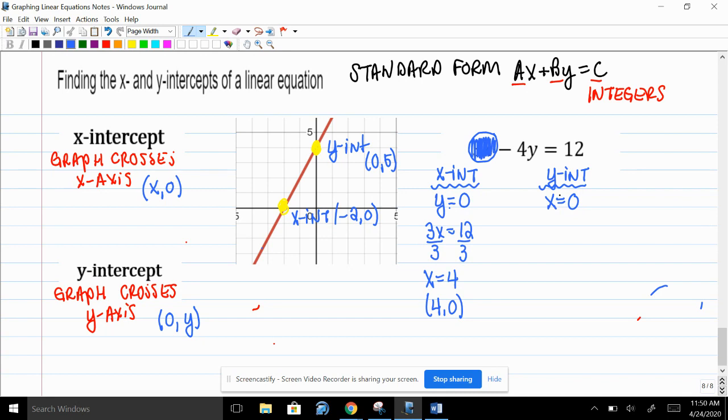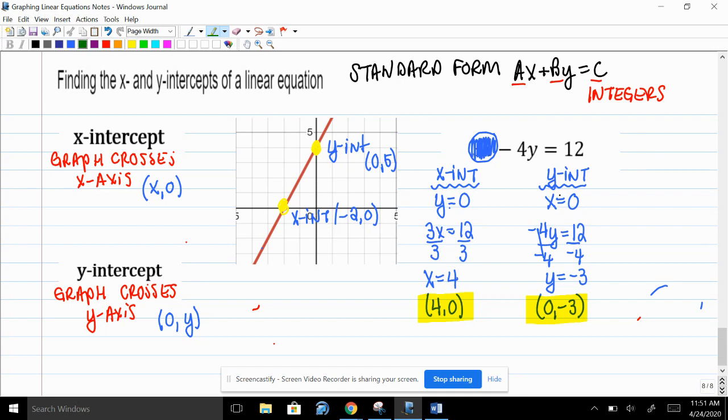It's basically going to take it out of the equation. So I'm left with -4y is equal to 12. I would have to divide both sides by -4. And your y-intercept is -3. So your y-intercept is 0, comma -3. So your intercepts are 4, comma 0, and 0, comma -3.